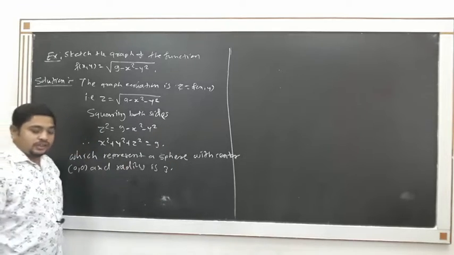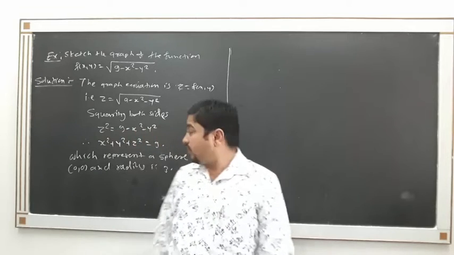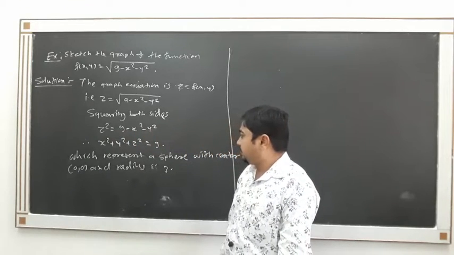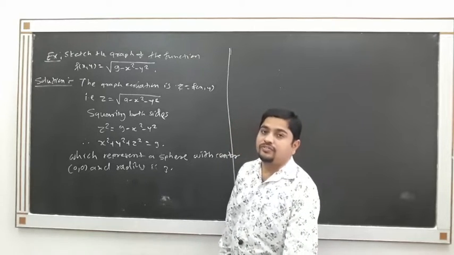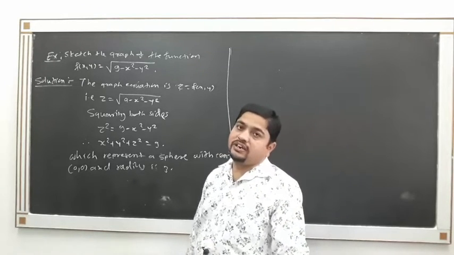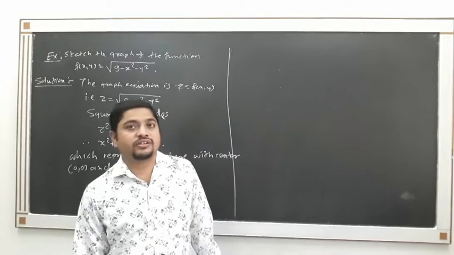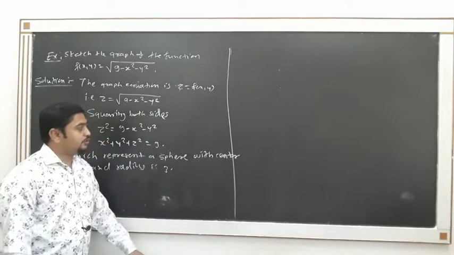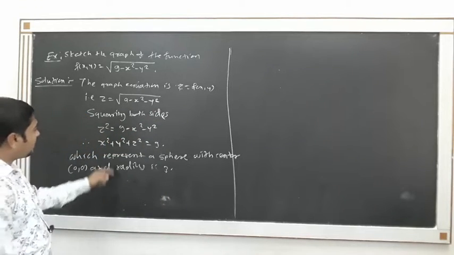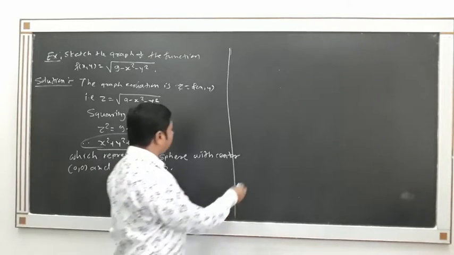Okay. So this is the standard equation of a sphere: x square plus y square plus z square is equal to r square. That is the equation of a sphere with center at the origin and radius r. Here r is equal to 3. But if you take the square root of this, what are we getting?